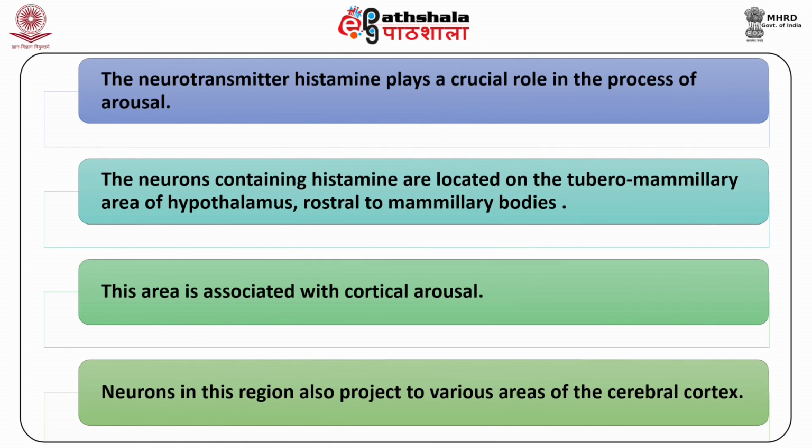The neurotransmitter histamine plays a crucial role in the process of arousal. The neurons containing histamine are located in the tuberomammillary area of the hypothalamus, rostral to the mammillary bodies. This area is associated with cortical arousal. Neurons in this region also project to various areas of the cerebral cortex.